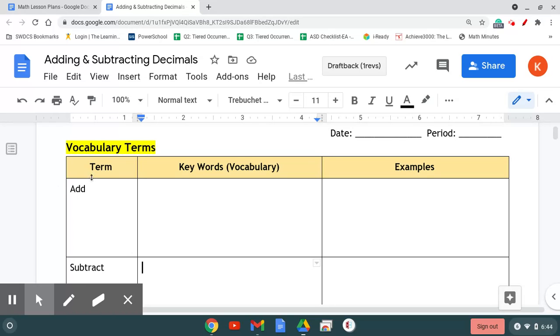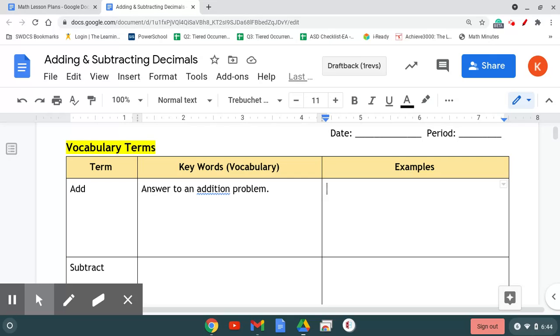So right here we have the term add. So in this box we're going to say add means answer to an addition problem. All right, and over here in these examples, we're going to think of keywords or terms that when we read story problems, we know that we are going to be adding.